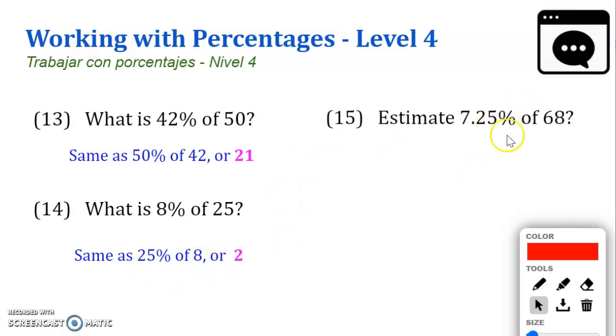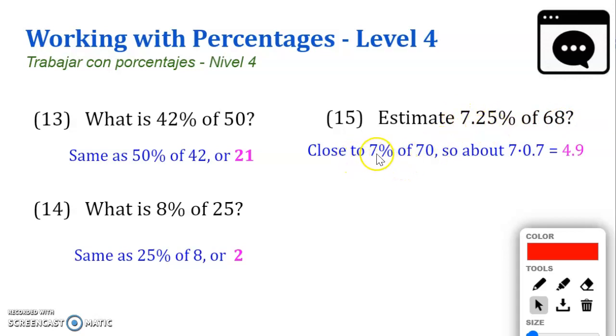Now what if you get two ugly numbers? 7.25 is a very ugly number. 68 is also an ugly number. What can I do? In this case, I'm asking you to estimate. Okay, so in that case, I would like you to try to round this up. 68 is close to 70 and 7.25 is close to 7%.